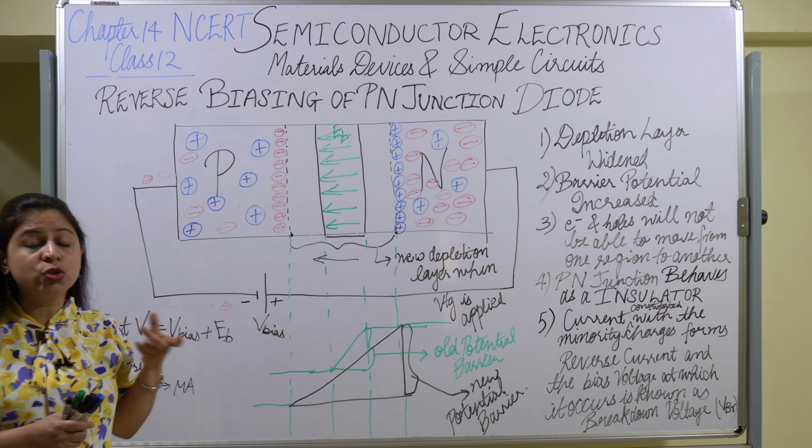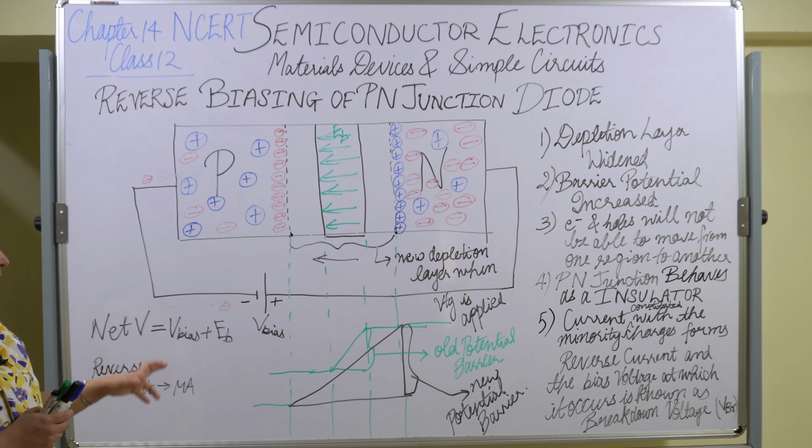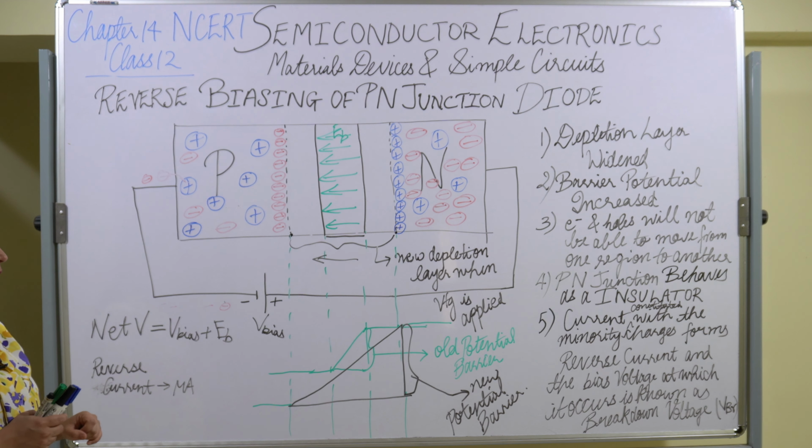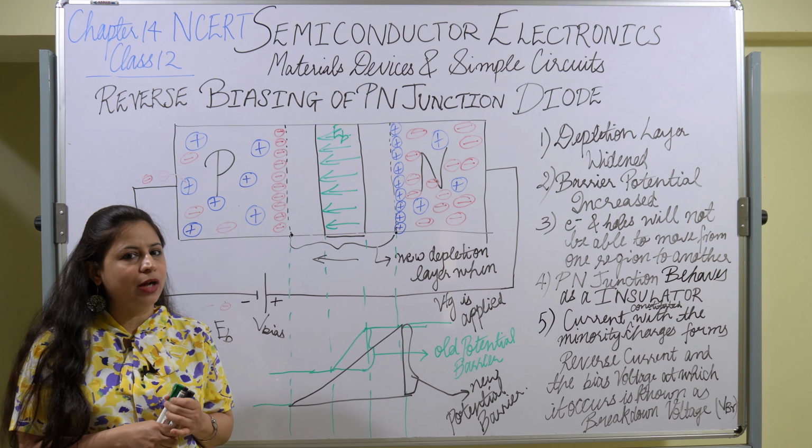So that current is known as the reverse current, and that bias voltage is known as the breakdown voltage.